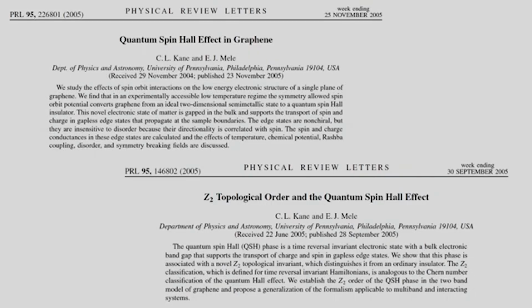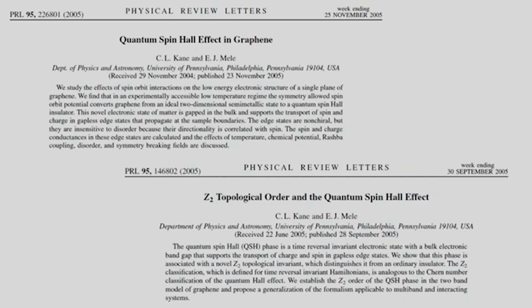So, Kane-Mele proposed this model, which is known as the Kane-Mele model, and these are the papers that you see, which were published in 2005 in Physical Review Letters by both Kane and Mele.